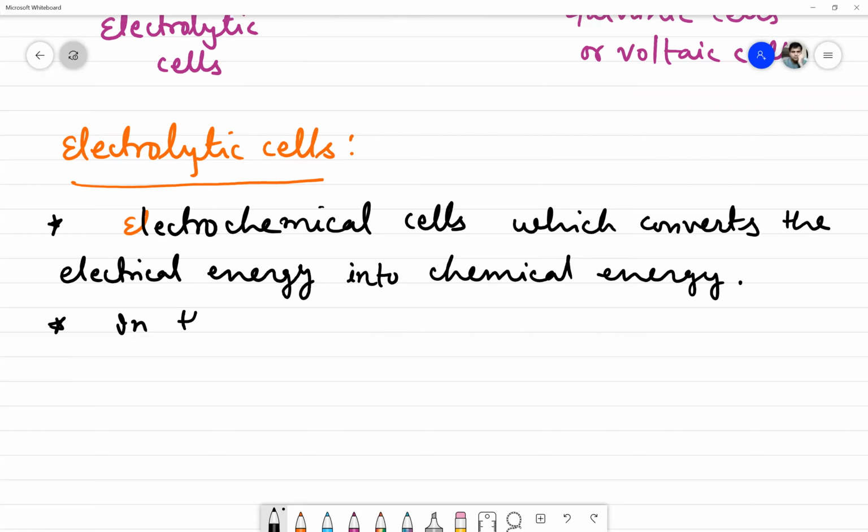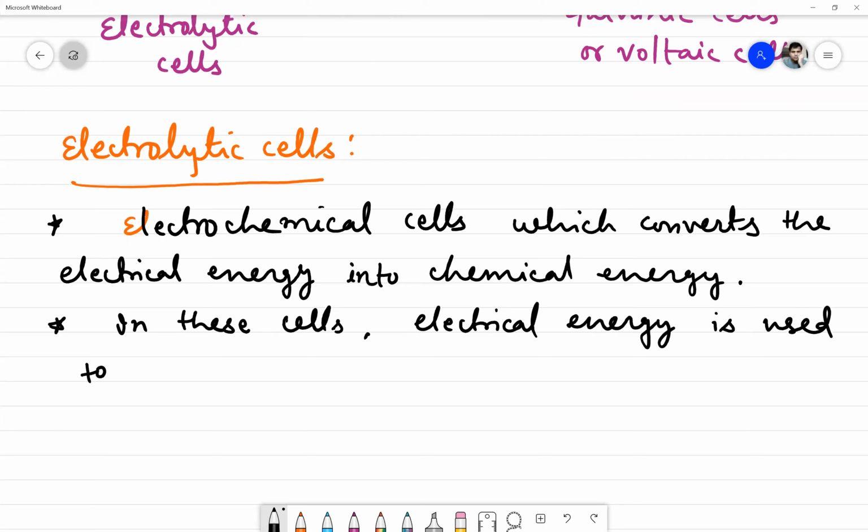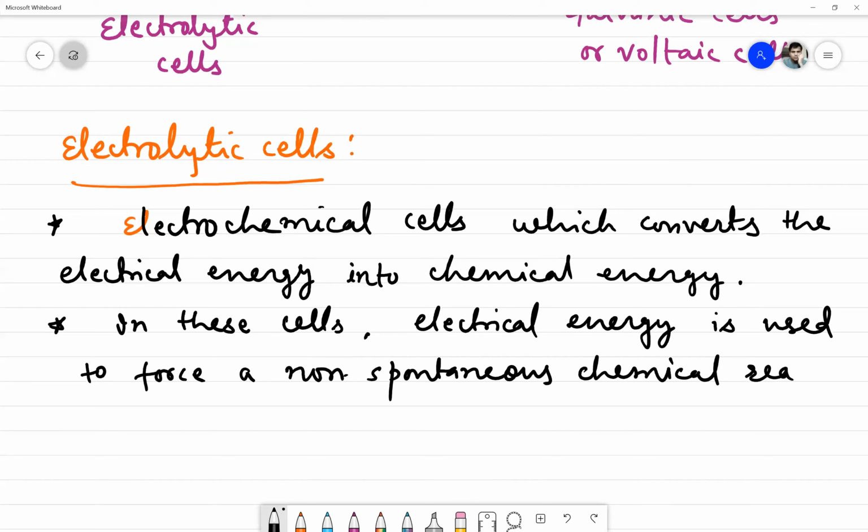In these cells, electrical energy is used to force a non-spontaneous chemical reaction to occur.